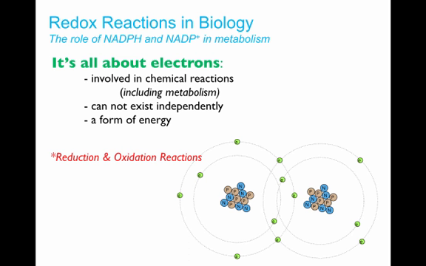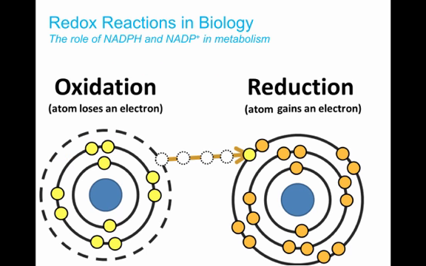But first of all, let's find out where this word redox comes from. It's a combination of the word reduction, that's the RE part, and oxidation, that's the OX part. So let's find out what happens in a redox reaction. What we're going to see in a redox reaction is that one atom or one molecule will lose an electron.